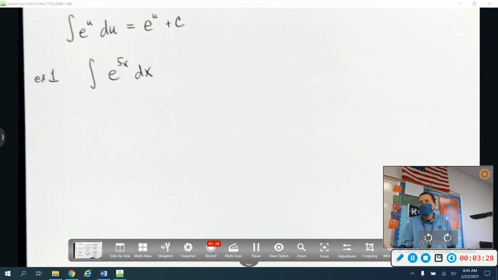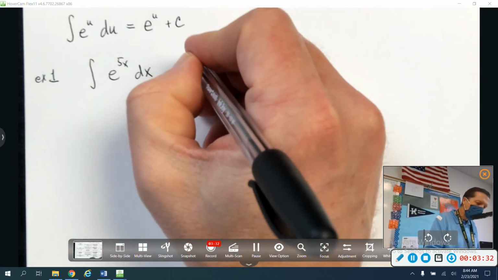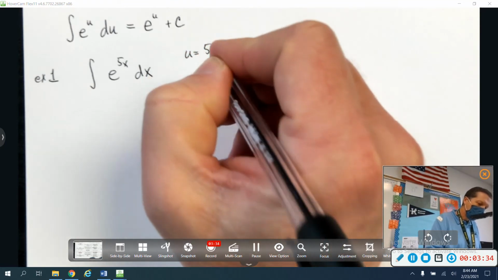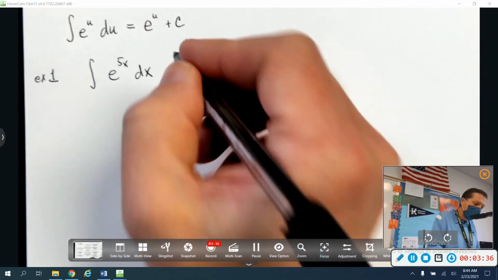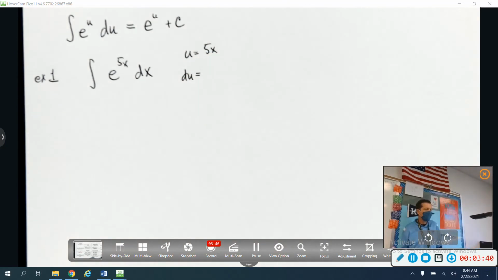It's the only way it's going to look like this, for sure. So I'm going to let u be the exponent, and then basically hope that everything works from there. And for us, it will. They're sort of rigged problems that will work out for us.